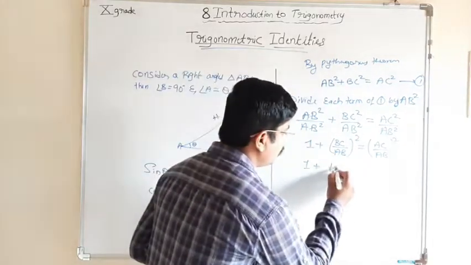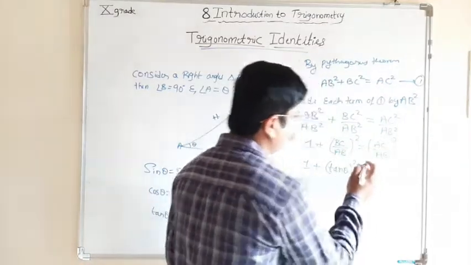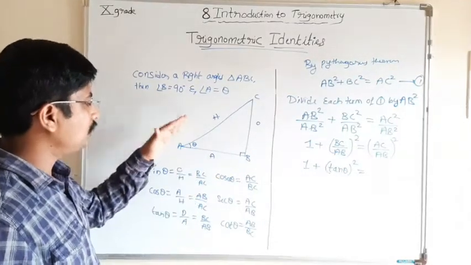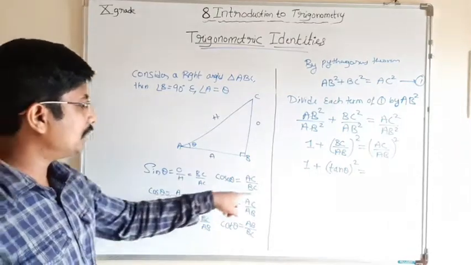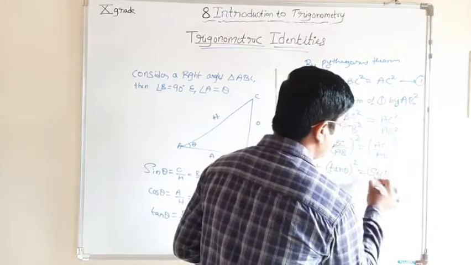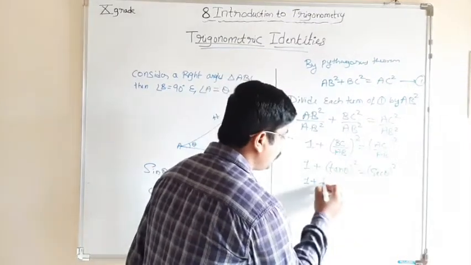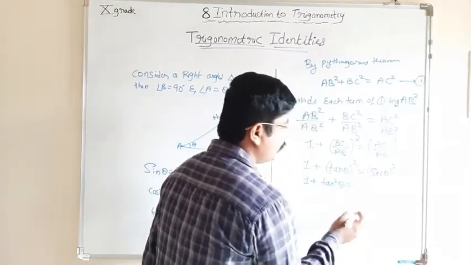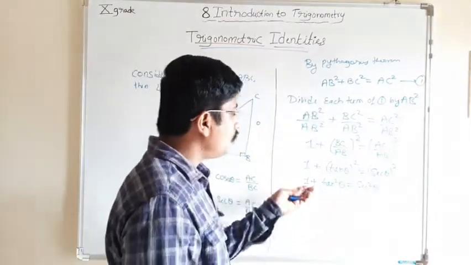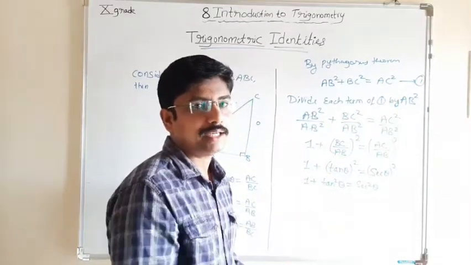Tan theta. Therefore (tan theta) whole square, which is equals to AC divided by AB. See here, hypotenuse divided by adjacent side, which is nothing but sec theta. (Sec theta) whole square, or this may be written as 1 plus (tan theta) whole square may be written as tan square theta, which is equals to (sec theta) whole square may be written as sec square theta. Therefore 1 plus tan square theta is equals to sec square theta, which is a trigonometric identity.